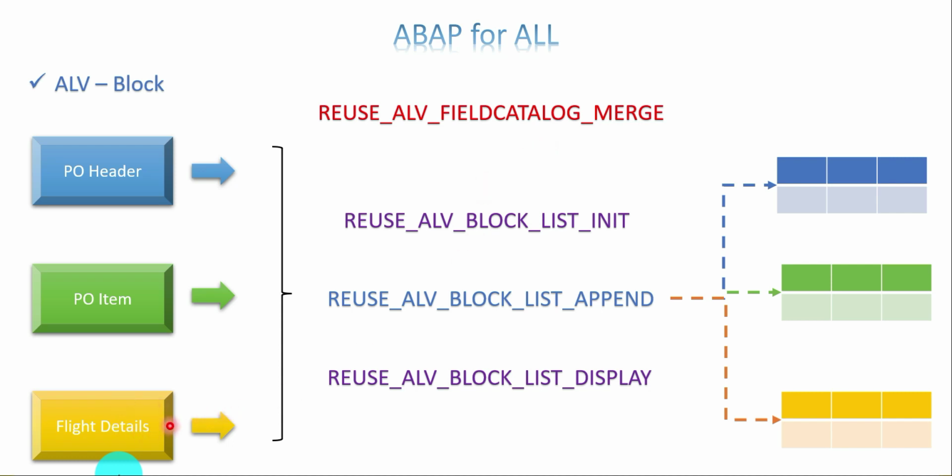It has only 5 fields, and I want to display all the fields, right? So what I can do is use a field catalog merge that creates a field catalog for me. How many fields in the structure, based on that it creates a field catalog for me, then I can use append directly. So this is an optional step. Whenever you are going to use the entire structure for the field catalog, this might be useful.